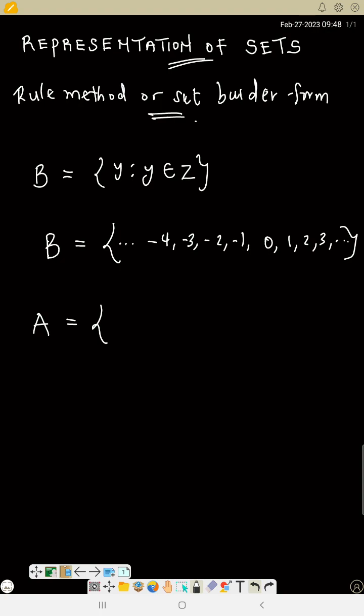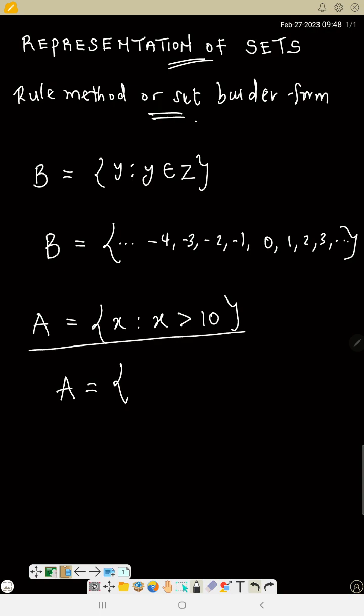So A is a set of all x such that x is greater than 10.